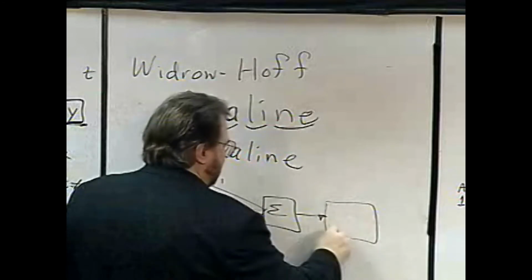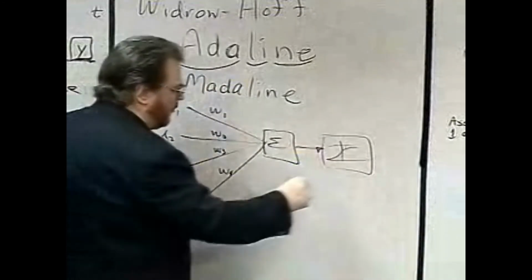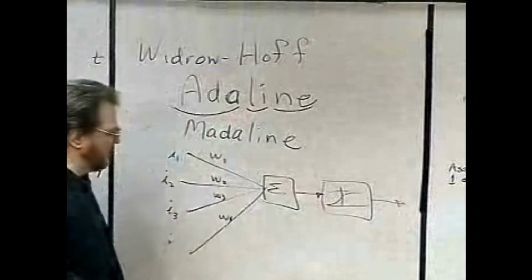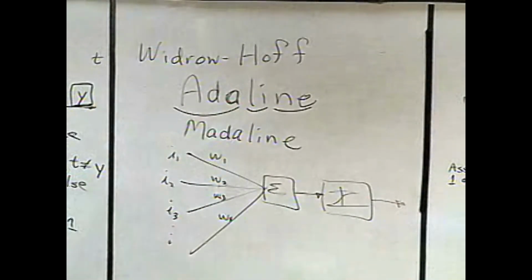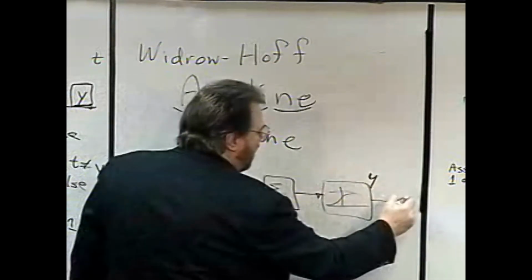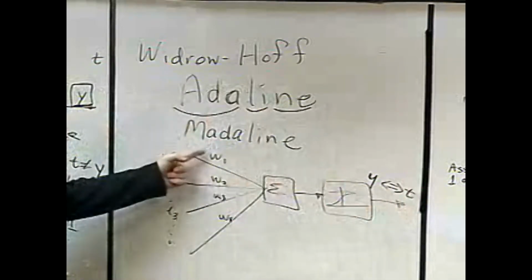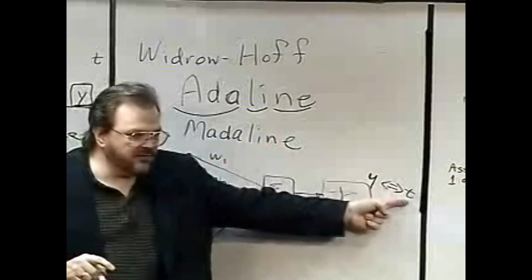Well, let's say we did. Ran it through some sort of squashing function that squashed it between 0 and 1, and then the output was given a value of 1 or a value of 0. Now, as before, we have an output y, and this value of y should be equal to a target. So we would like to choose these weights so that the output y was equal to a target.